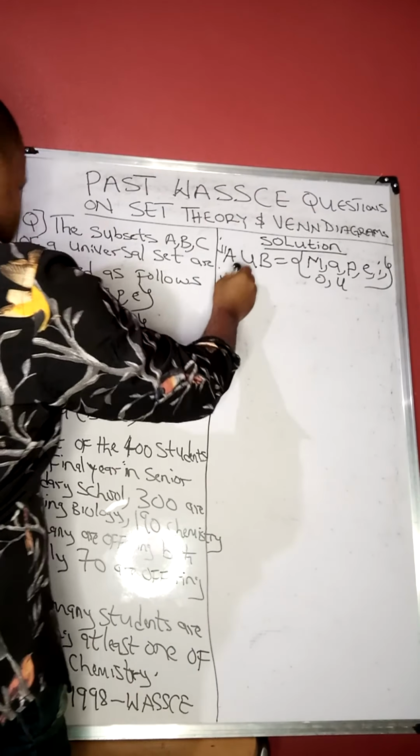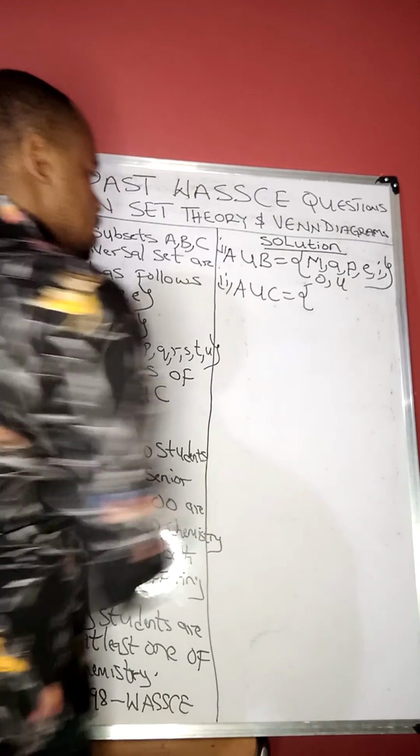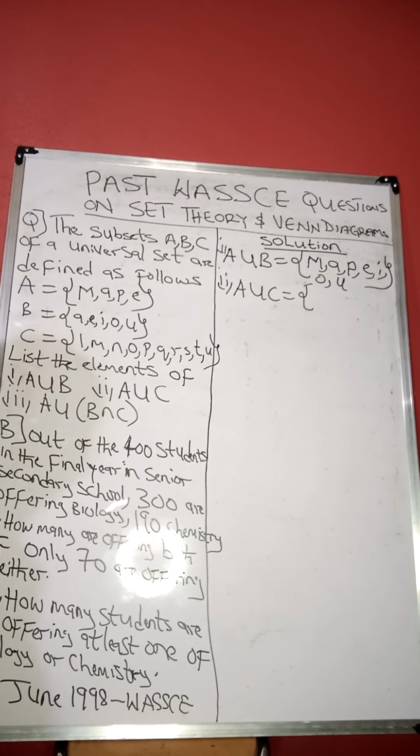The next question is A union C. What will give me A union C? I'll be listing the elements of A and the elements of C without repeating any of the elements.